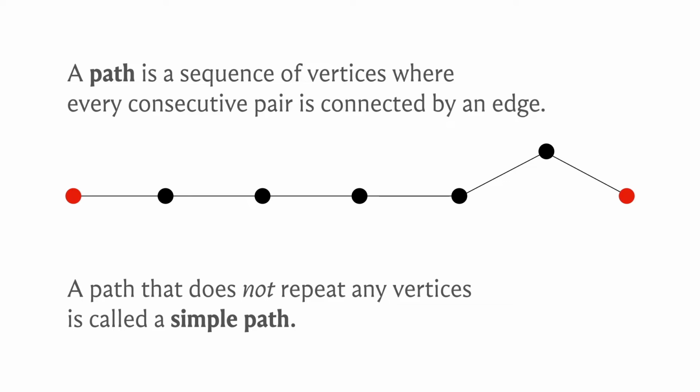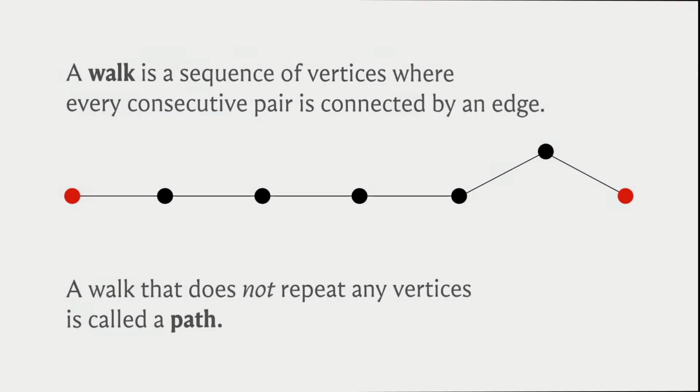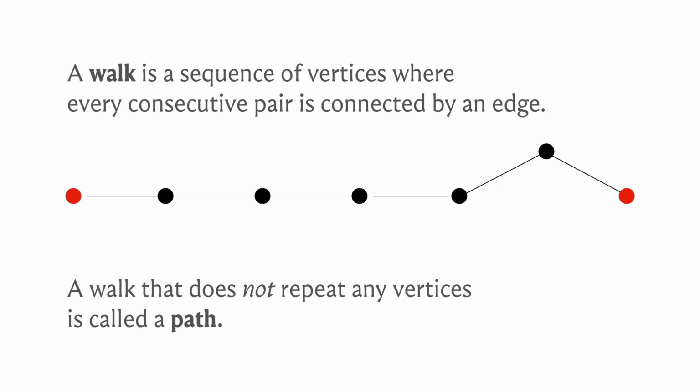Now, in terms of terminology, I should also point out that in some references, especially graph theory textbooks, what we are calling a path is usually called a walk or a trail, and what we are calling a simple path is actually just called a path. This can sometimes be confusing depending on where you're reading from. So it's useful to fix one terminology and stick to it in a particular discussion.